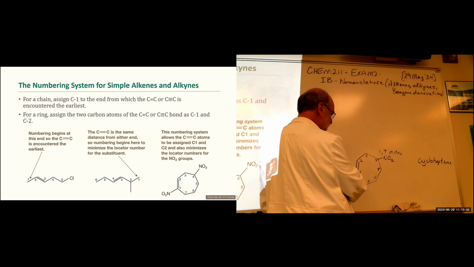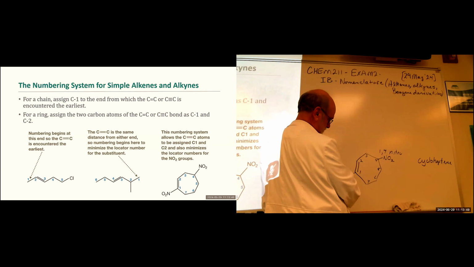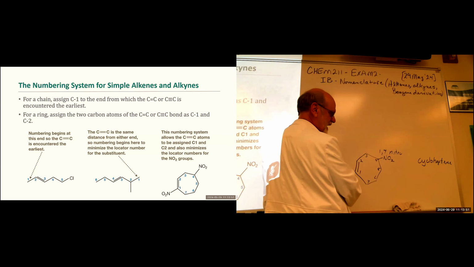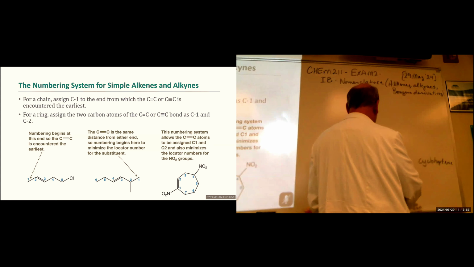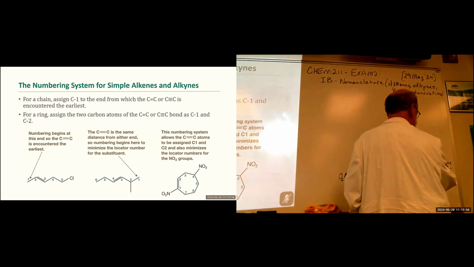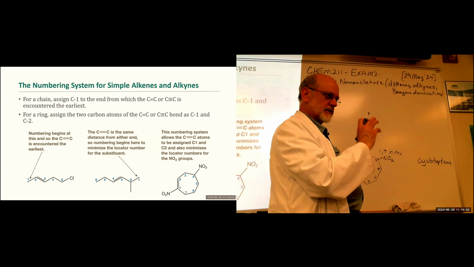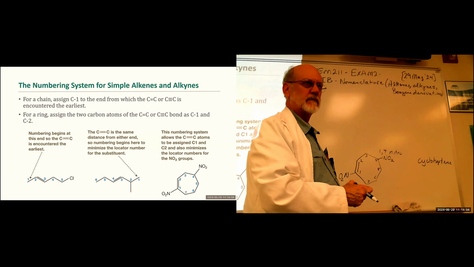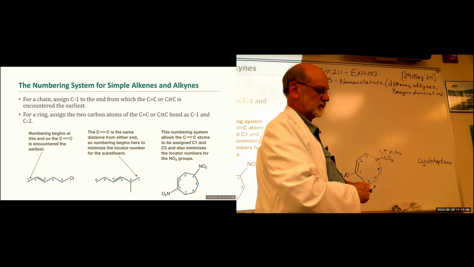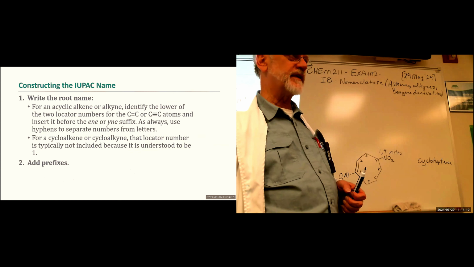When you have one double bond at the end of the molecule, I've never seen a 1-ene. You just assume. Right. Unless they prove me wrong. Right. Let's go ahead and see if they do.